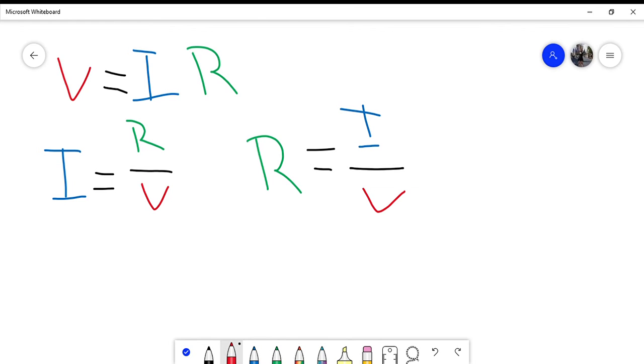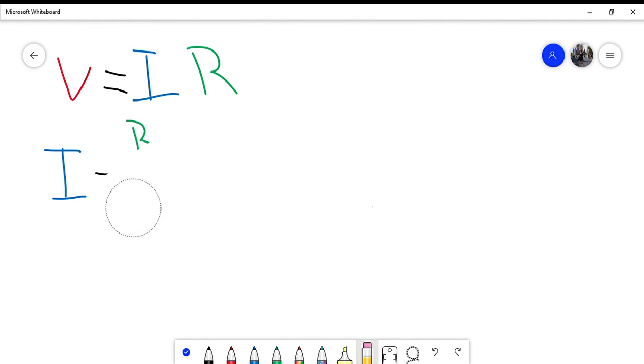So with the practice problems, I'll start off easy. We are going to be looking for voltage. So in this problem, our current is equal to 1.5 amps, and our resistance is equal to 32 ohms.